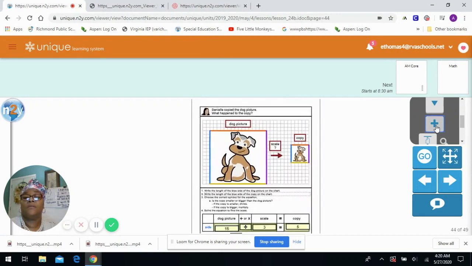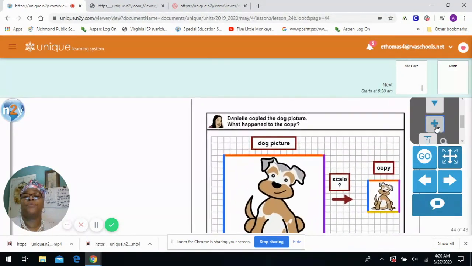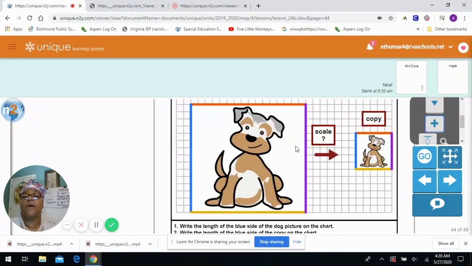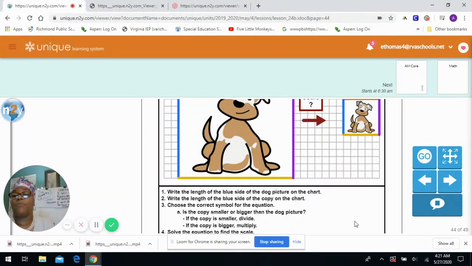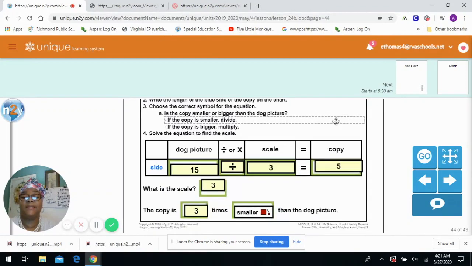So what happened to the copy? So we had the blue side of the chart and the blue side of the copy. All right, so is the copy smaller or bigger than the dog picture? If the copy is smaller, we divide. If the copy is bigger, we multiply. Remember that when you have pictures on a plane.